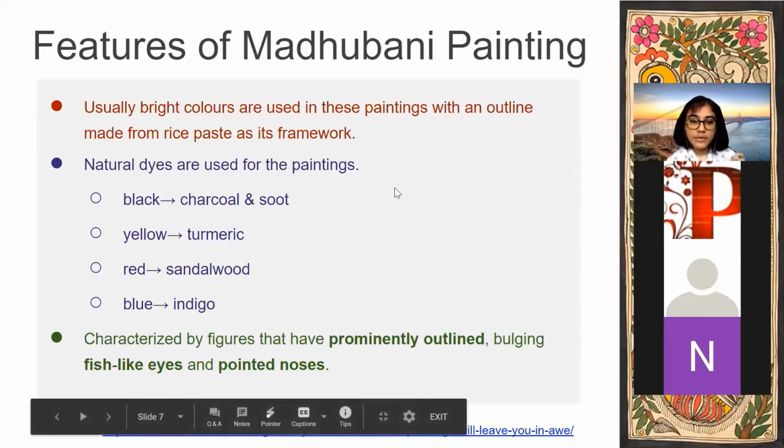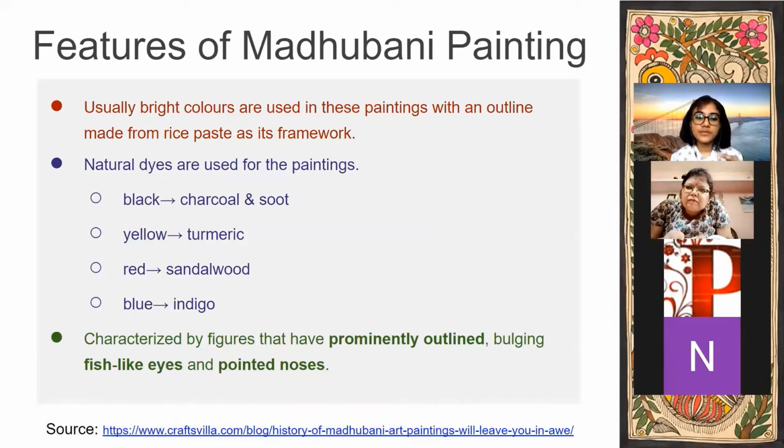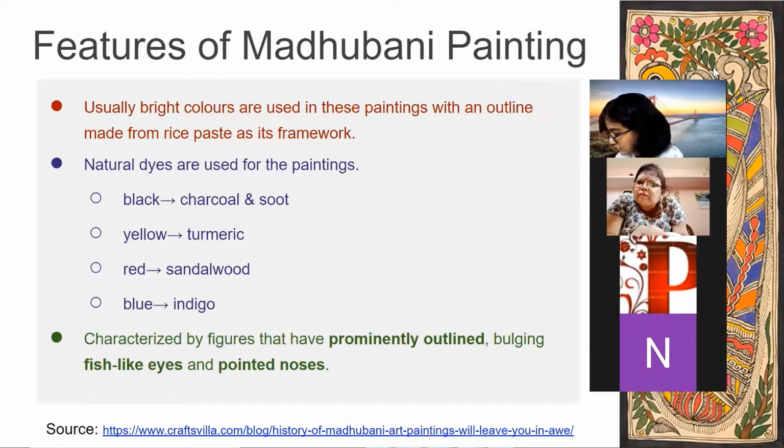And one very important feature here is that the figures are categorized by prominently outlined, bulging fish-like eyes and pointed nose. Over here, the eyes are not like this, but I'll soon show you the one that I'm doing right now. The eyes are really fish-like, really long. So that's a very prominent feature of Madhubani painting.